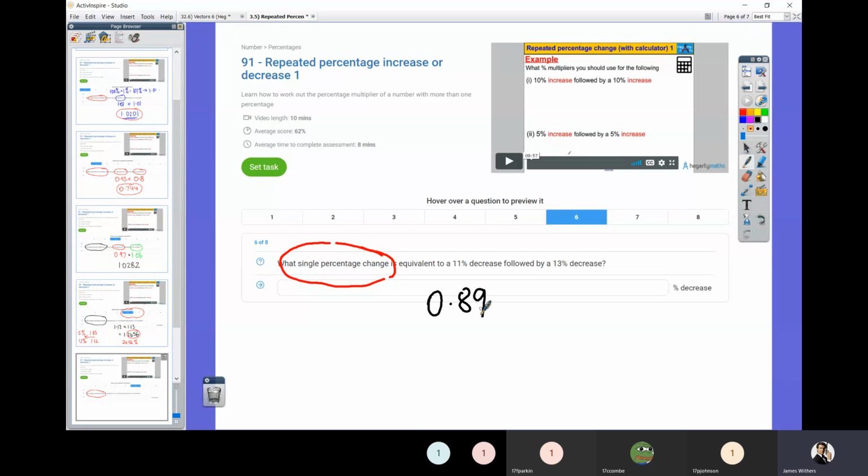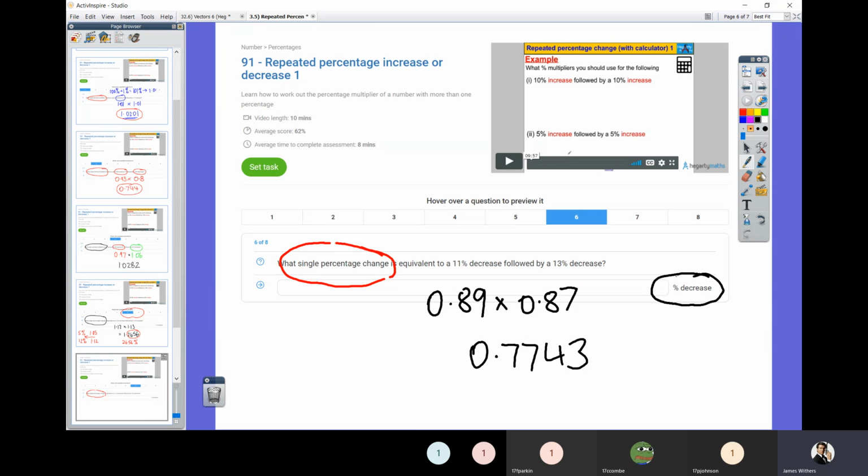And we've got a 13% decrease. That's 0.87. Okay. So 0.89 times 0.87 gives us 0.7743.